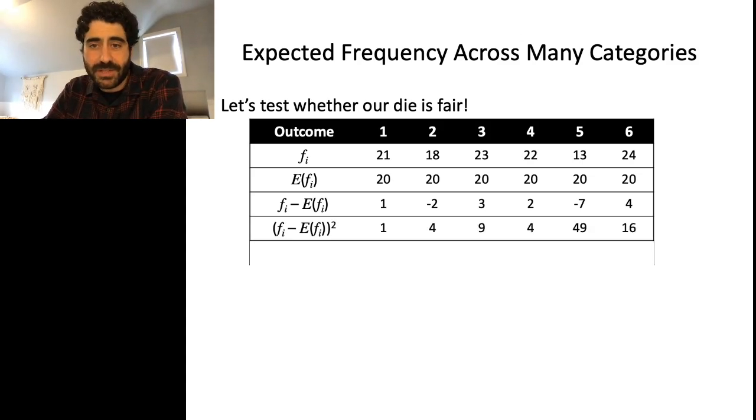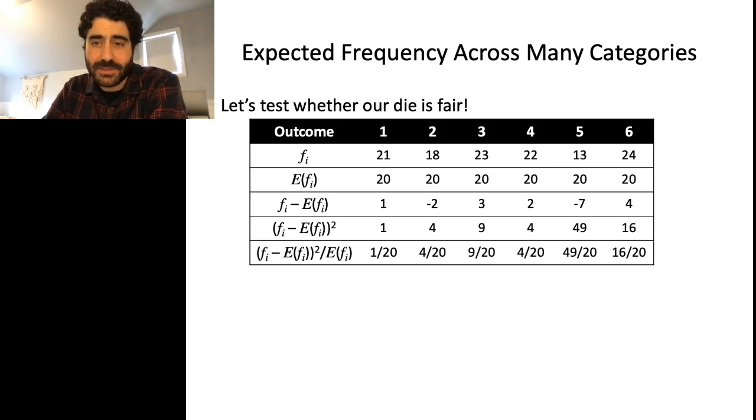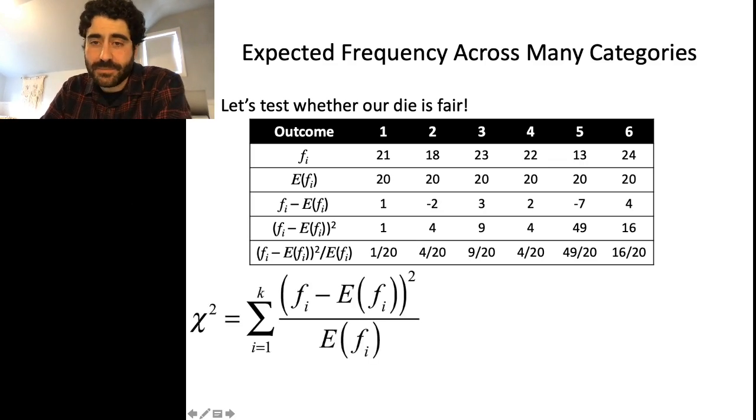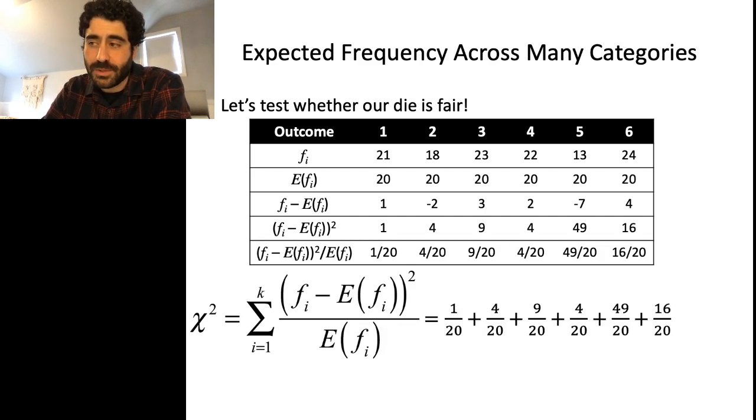We square those deviations and then divide them by the expected frequencies. This gives us relative deviations from expectation. To get our chi-squared statistic, we sum those up across our K different outcomes. K is 6 here, for 6 different outcomes, which gives us a chi-squared statistic of 4.15.